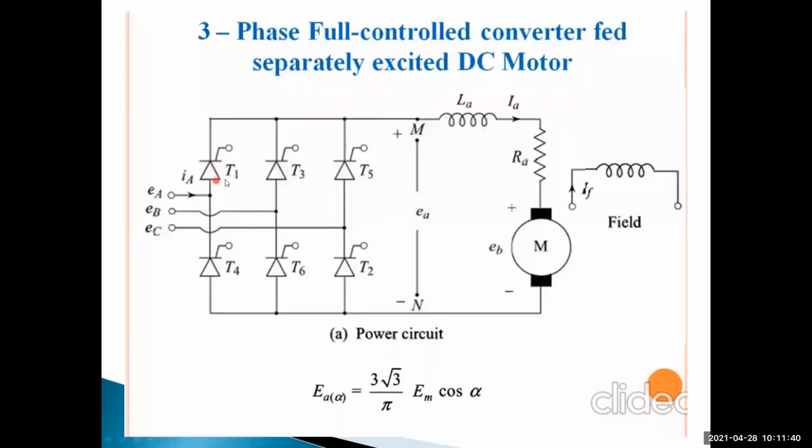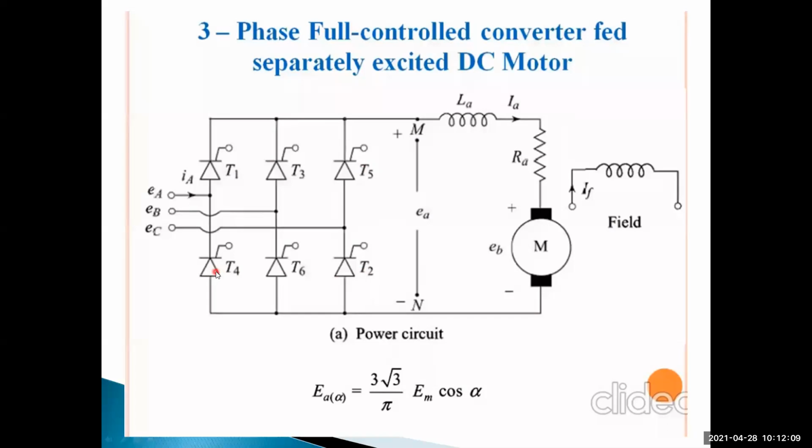So T1 shares a 120 degree conduction duration, T3 also shares 120 degrees, and T5 also shares 120 degrees. On the negative sequence side, the negative sequence controlled devices 462, that is T4, T6, T2, each also have a conduction duration of 120 degrees.